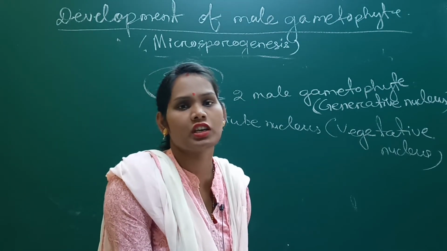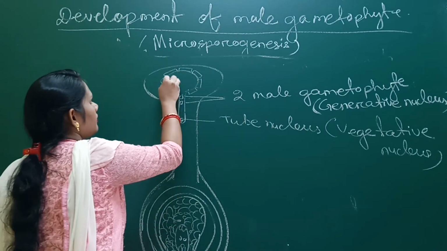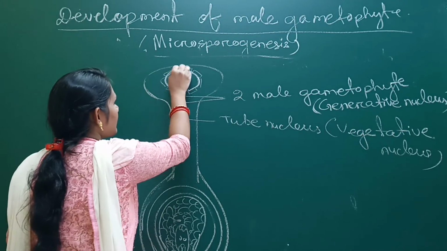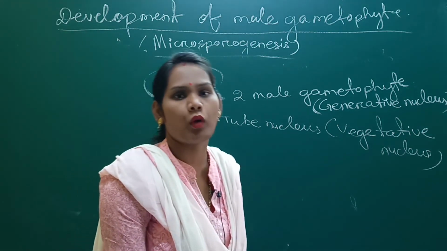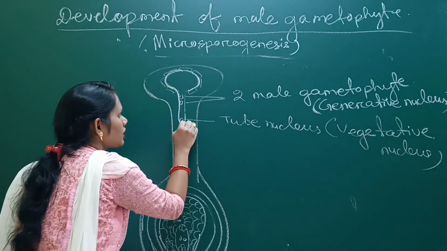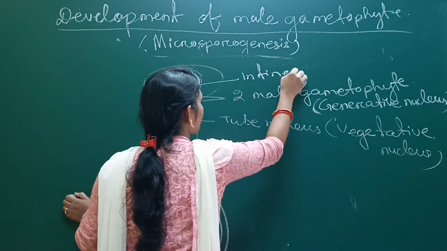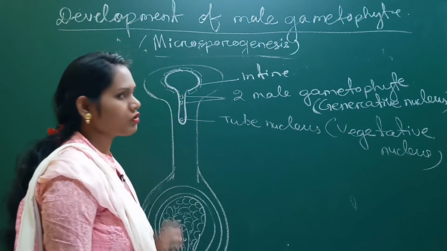When pollination occurs, the pollen grain lands on the stigma and absorbs the stigmatic secretion, which helps to develop a pollen tube. As we know, this pollen tube develops from the intine layer through the germ pore.